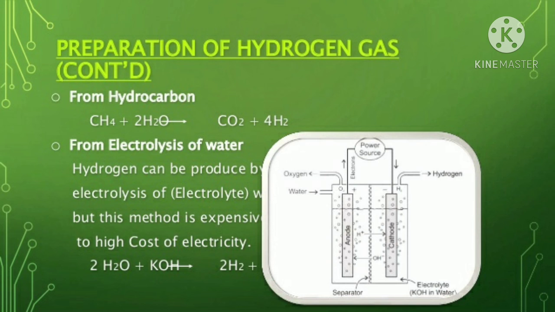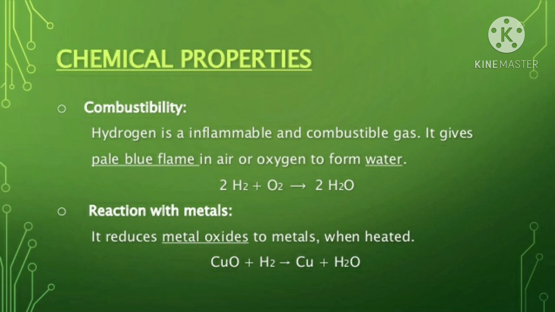Methane, that is present in natural gas, which is obtained from petroleum, reacts with steam in presence of nickel catalyst, and at a temperature of 800 degrees Celsius it gives carbon monoxide plus hydrogen gas.